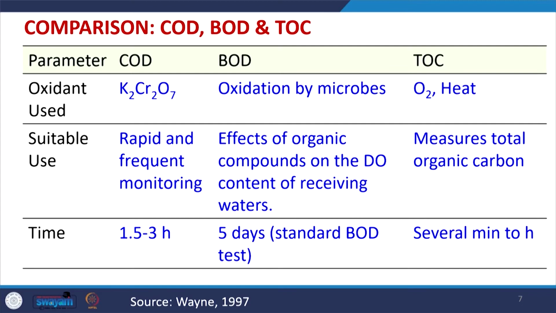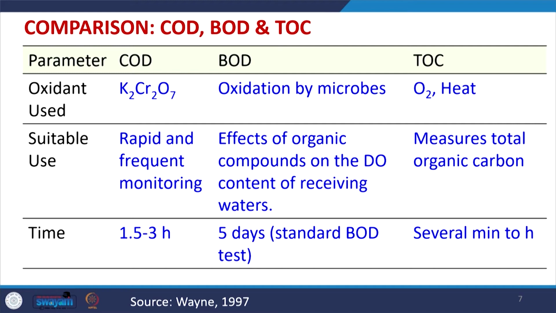Now, we should also have a comparison of COD, BOD and TOC, which is done in these slides. In COD we use an oxidant like potassium dichromate. In BOD we use microbes for oxidation, and in TOC we use oxygen and heat as the oxidant.